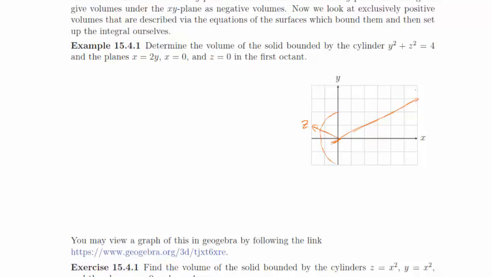This line would continue, but we're not concerned about it. This is x equals 2y. x equals 0 is a little bit redundant since we're in the first octant. First octant meaning x is positive, y is positive, and z is positive.